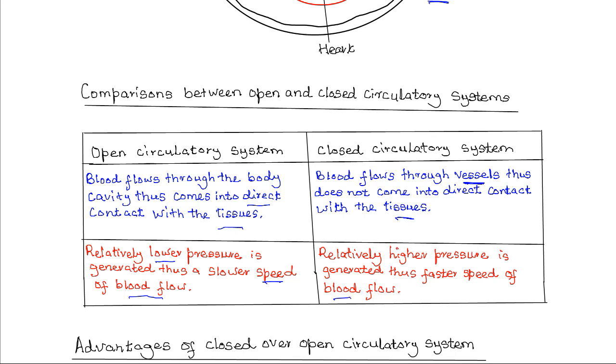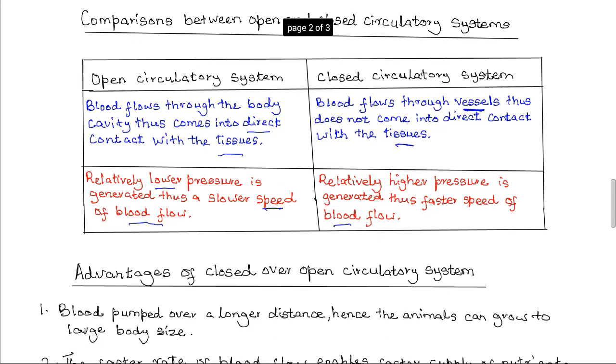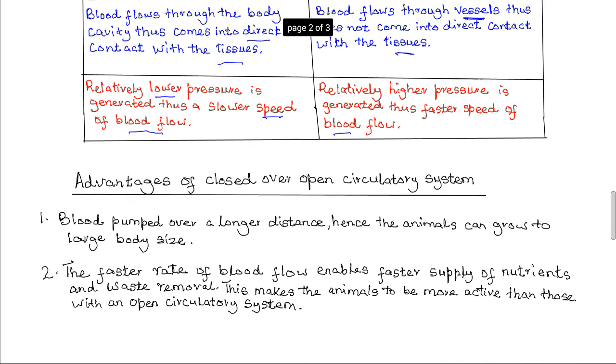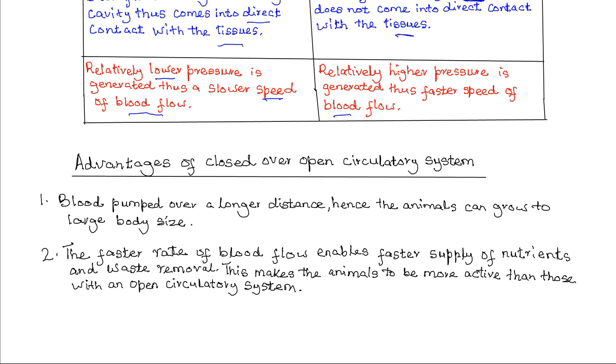And because of this higher pressure that is generated, there are two distinct advantages that the closed circulatory system has over the open circulatory system. One, the blood is pumped over a longer distance since there's a greater force pumping it, and this allows the animals to grow to larger size.